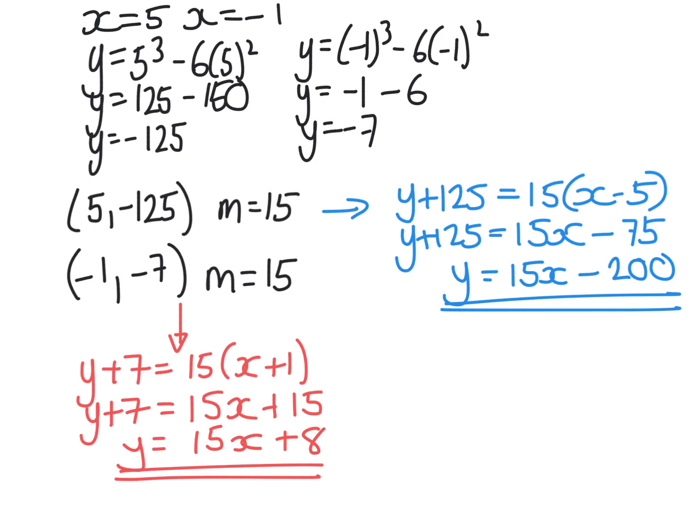So we have found the points of contact and the two tangents. So this one is at the point minus 1, minus 7. And the blue one was at the point 5, minus 125, which is what the question wanted. They wanted the points of contact and the equations of the tangents at these points. Job done. Okay, so not too bad.